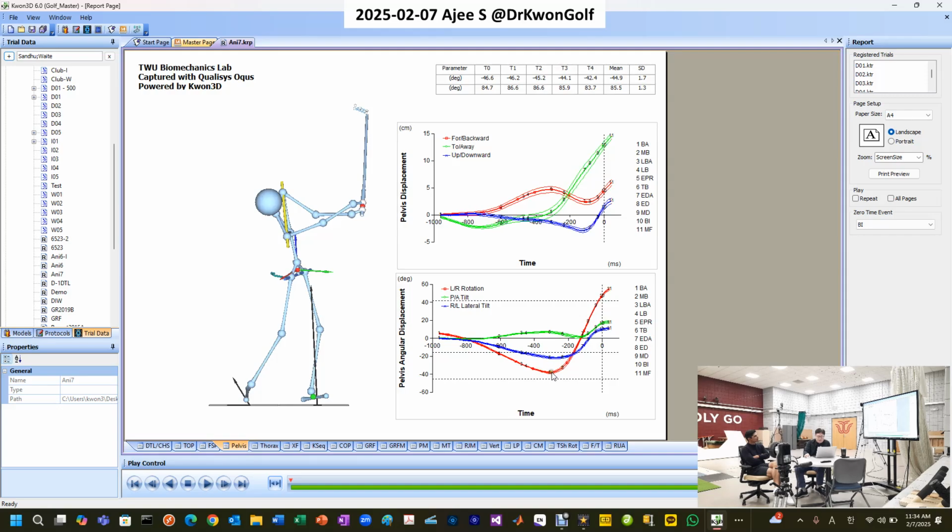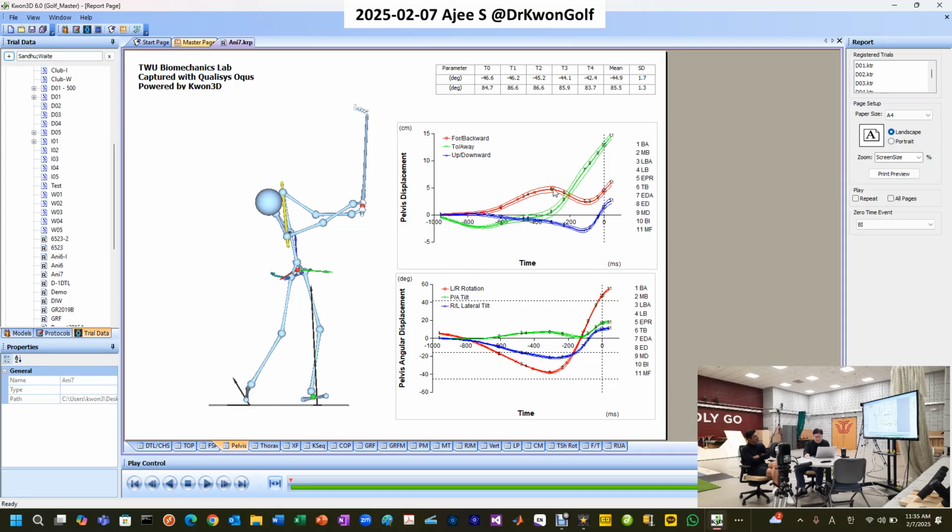Pelvis motion, this pattern is similar here. And then he shows a good lateral tilt here. So this part is very similar to yours, although a slight difference in magnitude now here. So he's moving away and then recentering, and then keep moving toward the target.